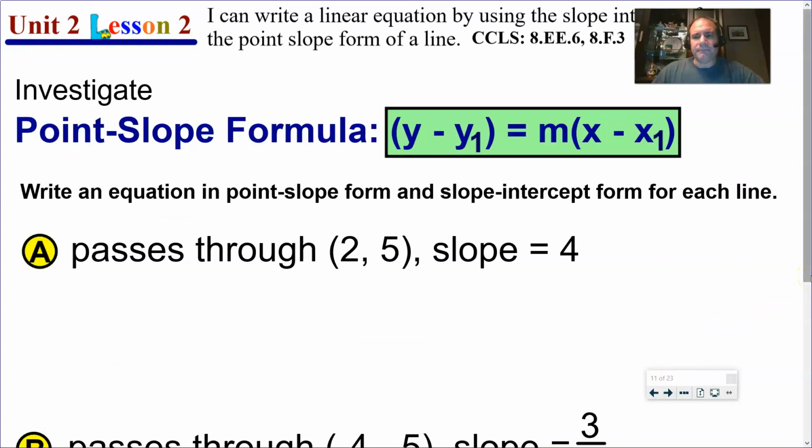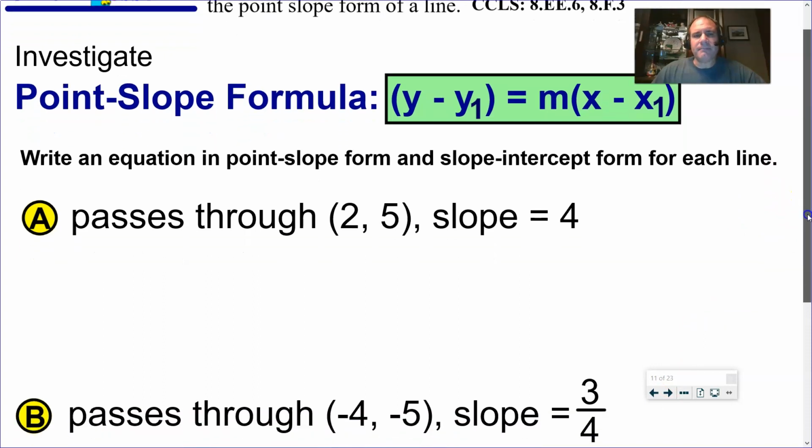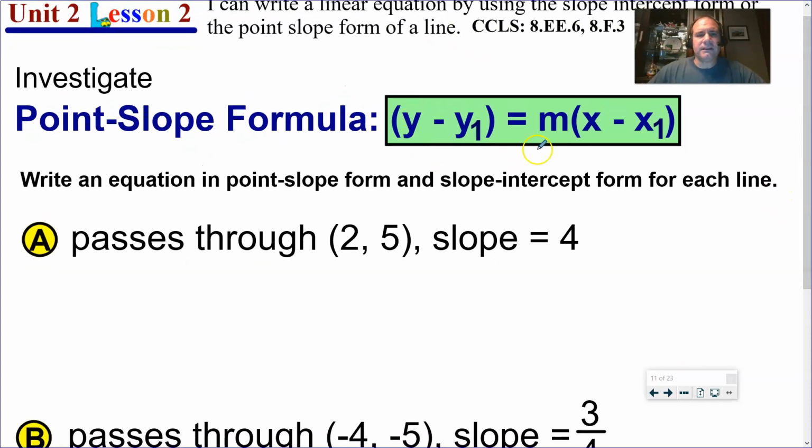And here we go. What we see on the top of the screen right here in green is the point slope formula. The reason why it's called the point slope formula is because you have a point and the slope given. It says to write an equation in point slope form first and then slope intercept form next.